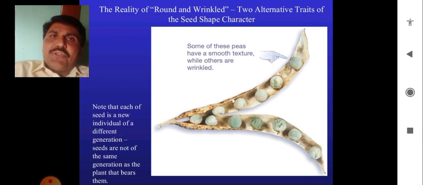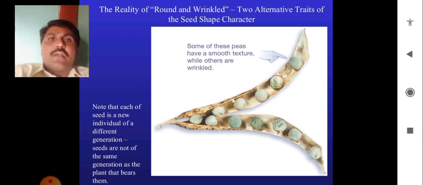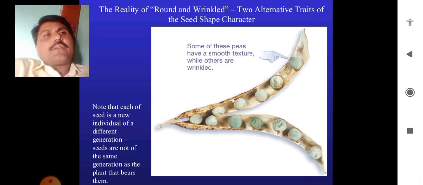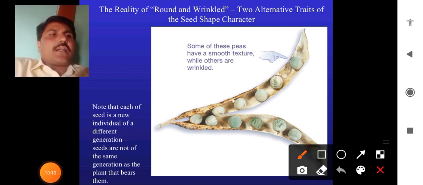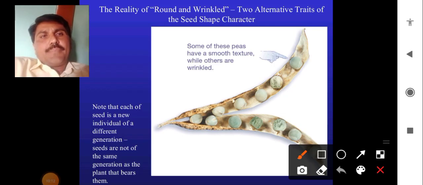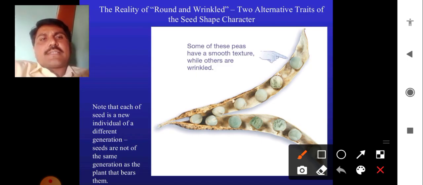On an individual plant, a pod shows some seeds that are wrinkled and some that are smooth in texture. So two alternative traits of the seed shape character are observed here. Note that each seed is a new individual of a different generation. Seeds are not the same generation as the plant that bears them.